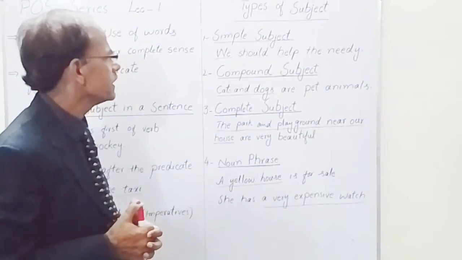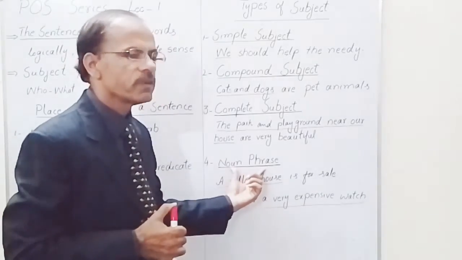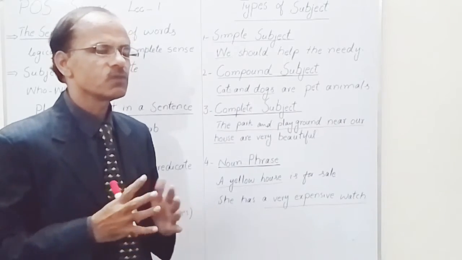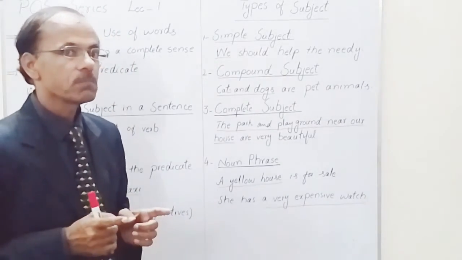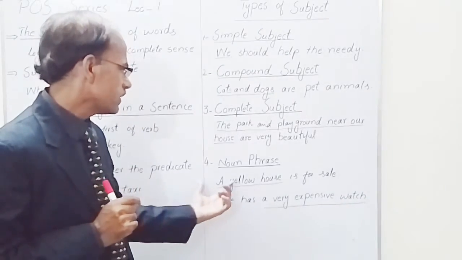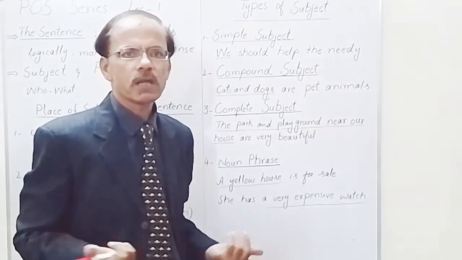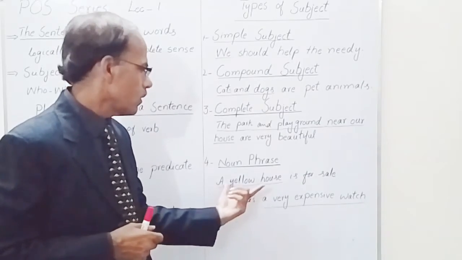The next one, there is another type of subject, that is a noun phrase. A noun phrase means, as we know, a group of words that gives a sense but not a complete sense. Over here, suppose we are saying a yellow house, what do you mean by yellow house? So this one is a phrase.